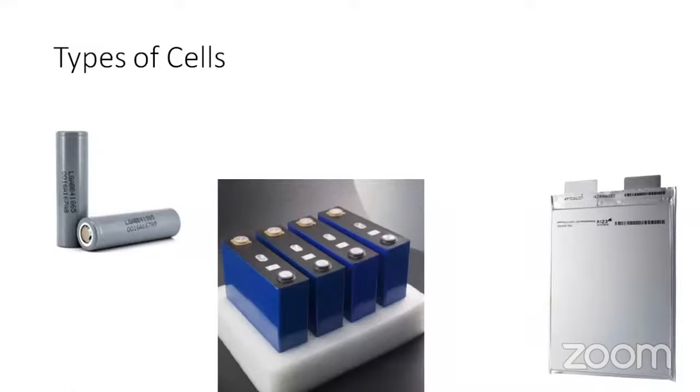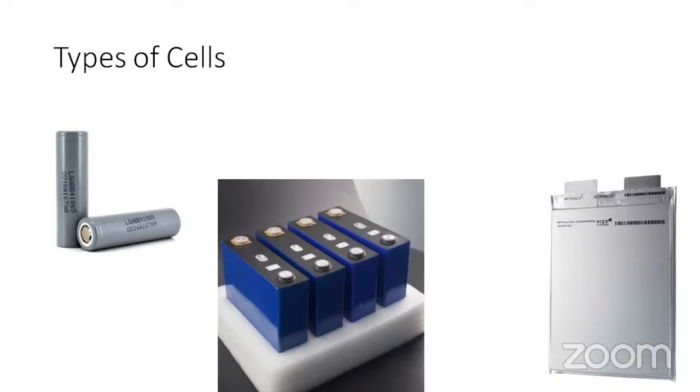For example, 18650 means 18 mm diameter and 65 mm height. 21700 means 21 mm diameter, 70 mm height. 4680 means 46 mm diameter and 80 mm height, and 4860 means 48 mm diameter and 60 mm height. So these standard dimensions are there, and only in those do the cylindrical cells come.